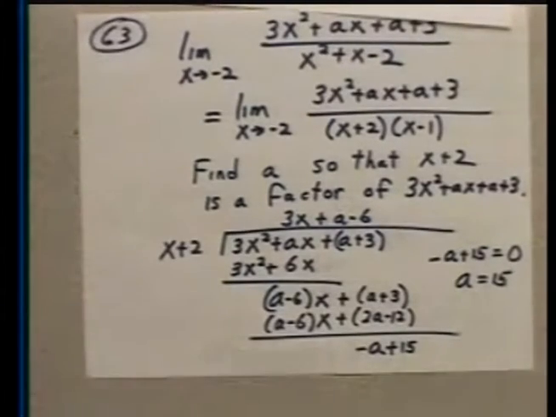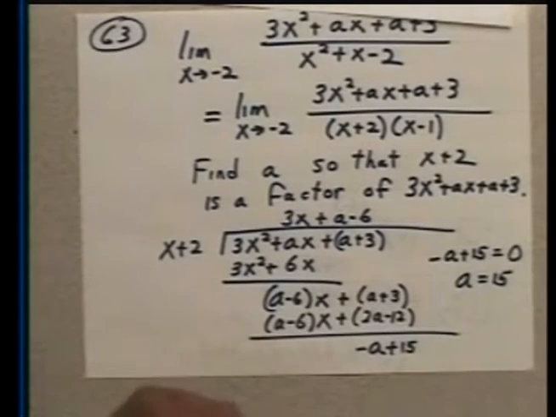So the answer to part A is, if you let a equal 15, you're supposed to get an answer. And they say, okay, fine, now tell me what the answer is. Okay, well, we'll just put 15 in for a.